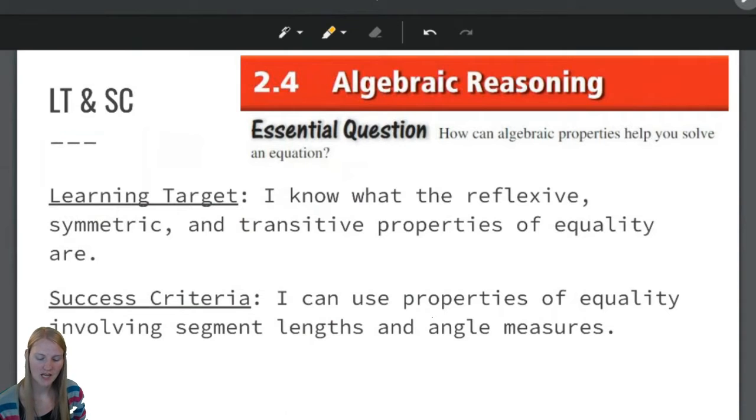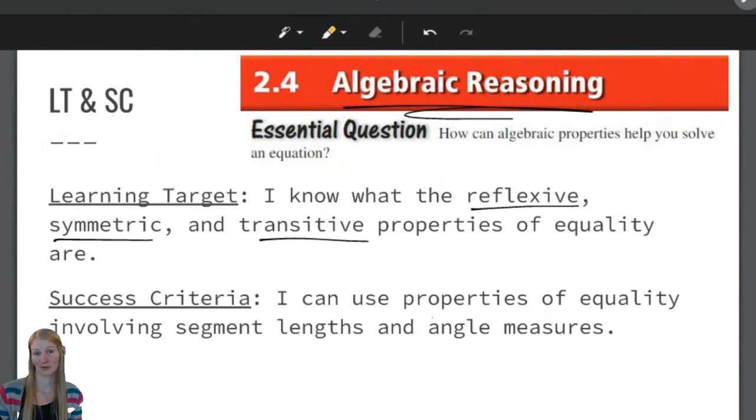So we are still in algebraic reasoning. Now we're moving a little bit away from the addition property of equality, subtraction property of equality, and we're going to dig a little bit deeper. We're going to look at some more algebraic properties that some people consider more geometric properties anyways, but the learning target for today is that you know what the reflexive, symmetric, and transitive properties of equality are.